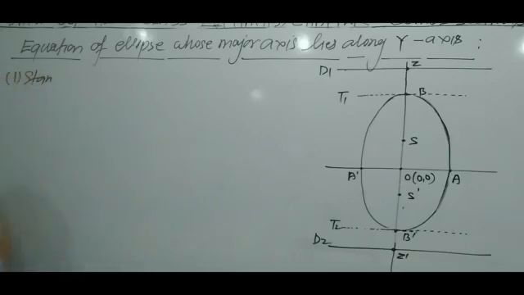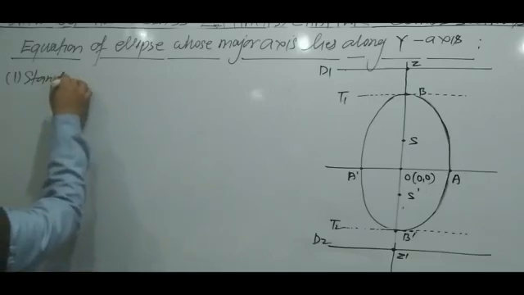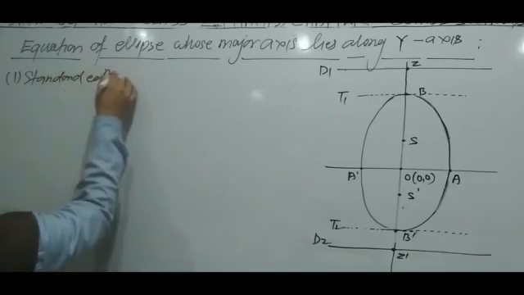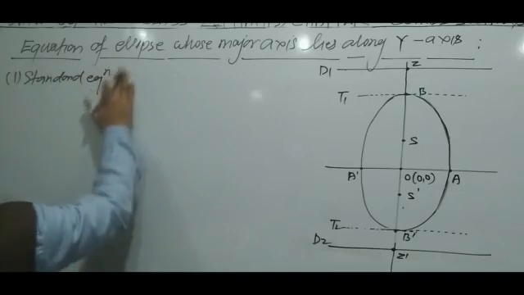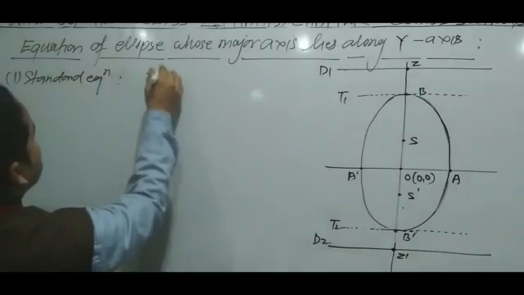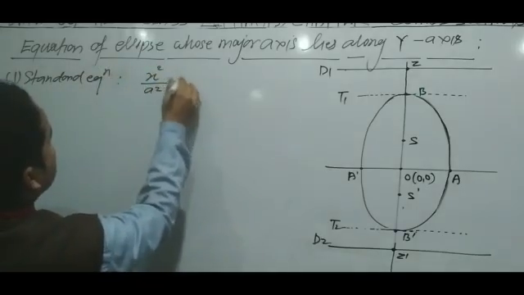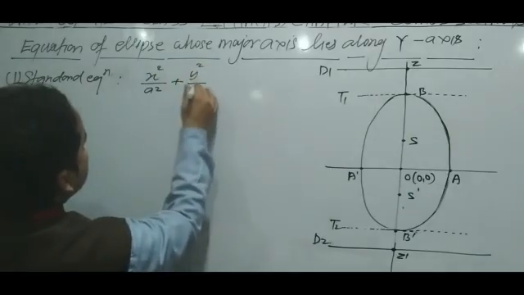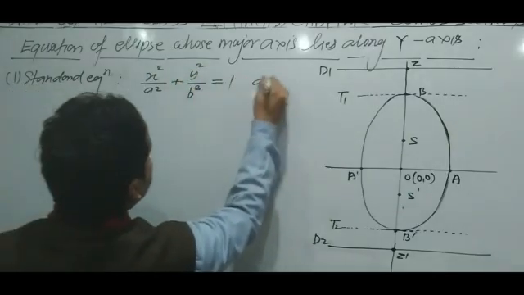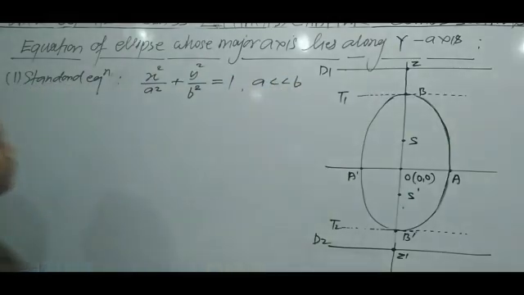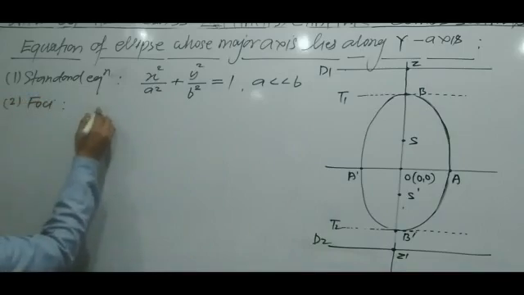First part, standard equation of ellipse, that is x square upon a square plus y square upon b square is equal to 1, where a is lesser than b. And now second point is foci coordinates.